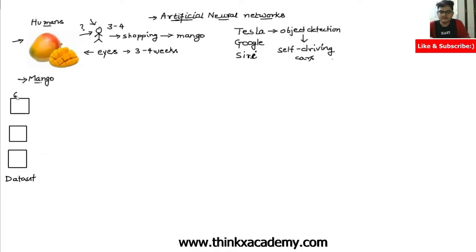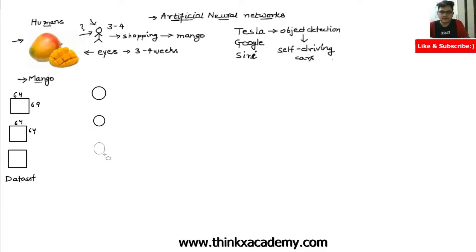Let's say this is 64 by 64 pixels, and here we will have all the images with the same aspect ratio, and we are going to supply these images to the neural network in the input layer. So the neural network starts with the input layer, where we have some nodes.